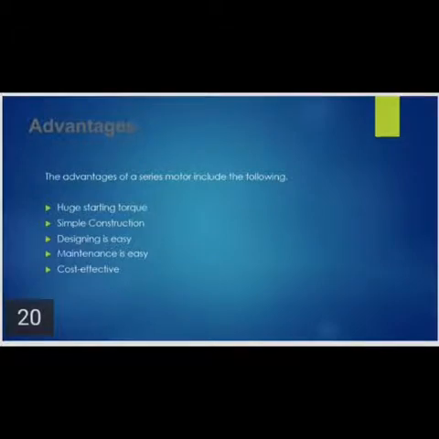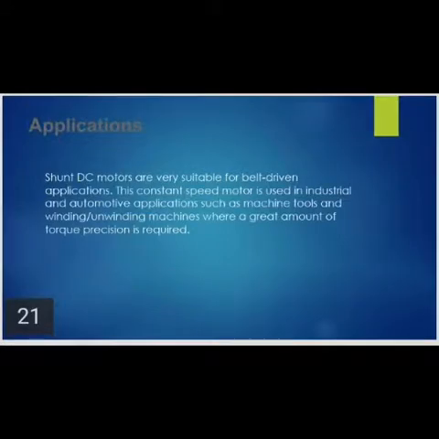Advantages. The advantages of series motor include the following: high starting torque, simple construction, easy design, easy maintenance, and low cost. Applications. Shunt DC motors are very suitable for belt driven applications. This constant speed motor is used in industrial and automotive applications such as machine tools and winding and unwinding machines where a great amount of torque precision is required.